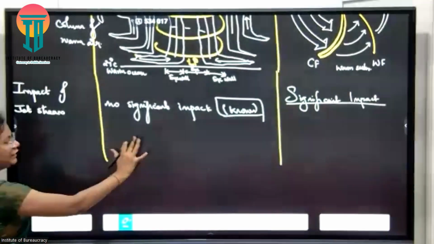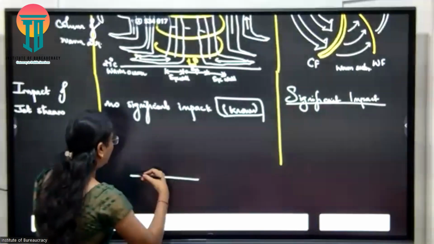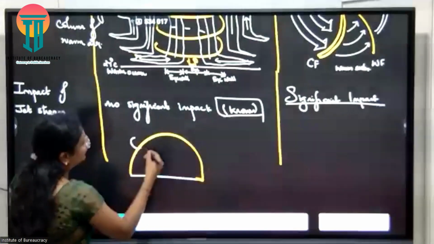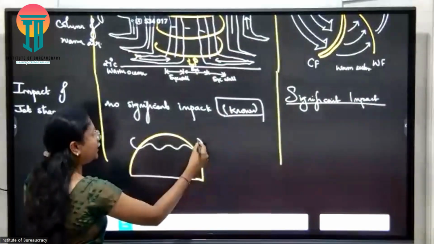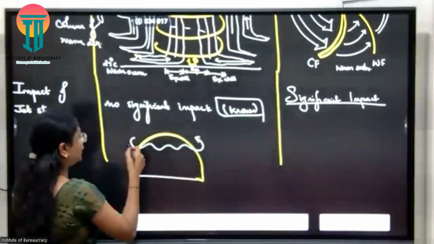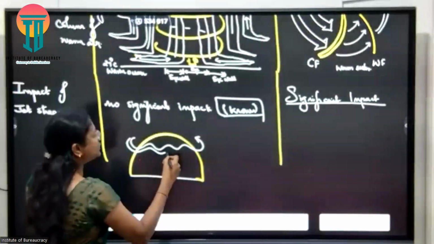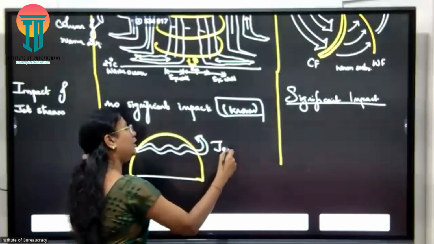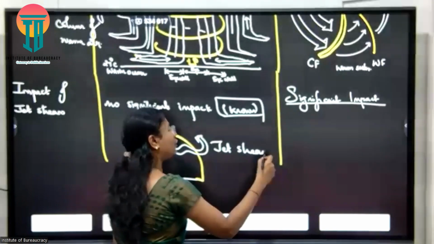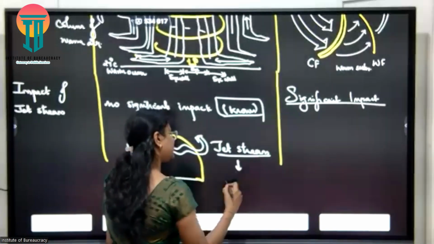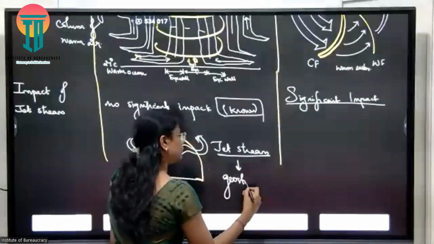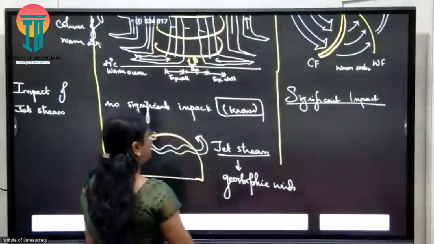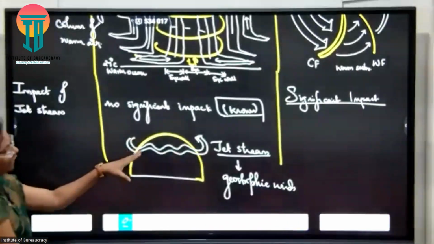For example, I am writing here, you can note it in the margin. High velocity winds that meander at a specific higher altitude above the Earth surface are what we call jet streams. You might have heard jet streams are geostrophic winds. Types of winds we have already covered. So what happens is, take just one single aspect.